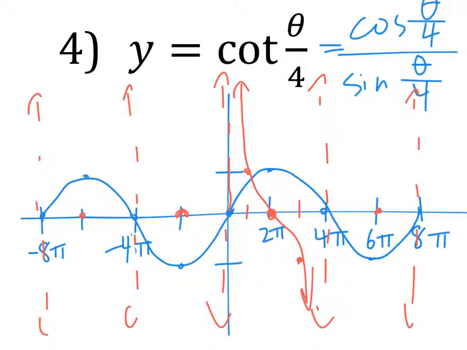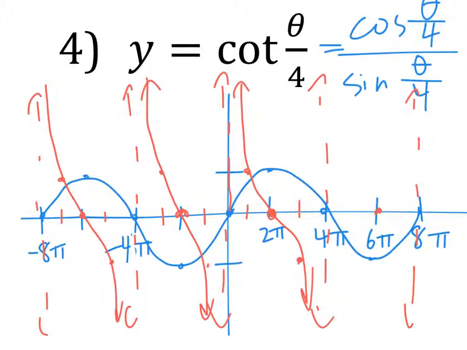It's decreasing all the time. Tangent is always increasing. Cotangent is always decreasing. So this is different from the tangent graph. Remember, the tangent graph goes up. Cotangent goes down to the right.